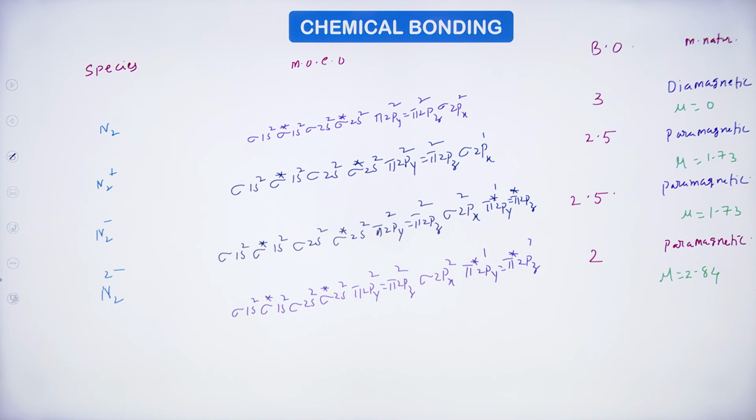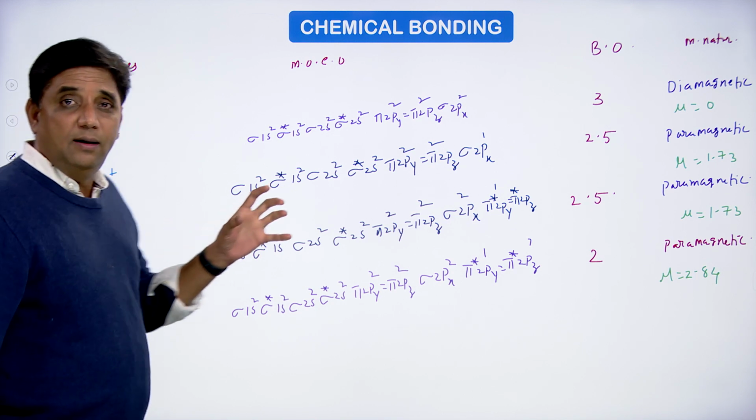So this is the table related to the nitrogen molecules and species, students, and up to here the sp overlapping is applicable.